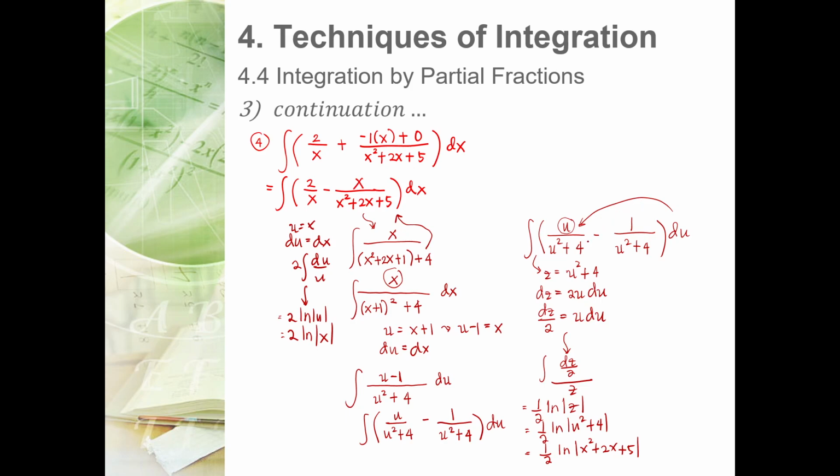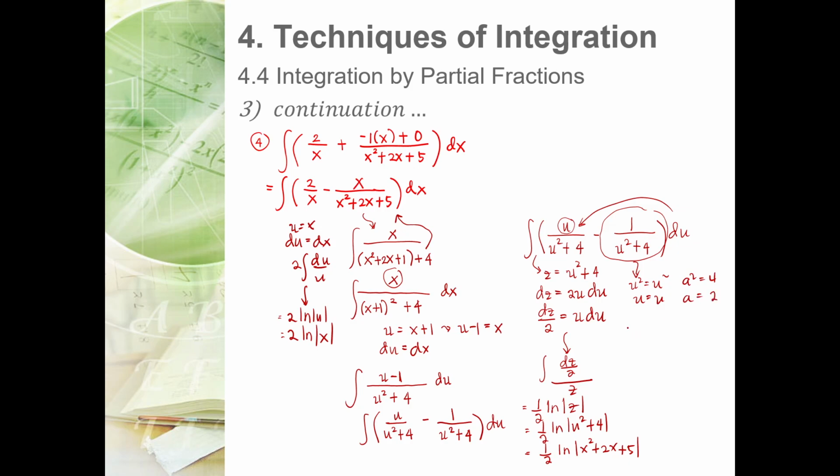Okay, the last term to be solved is this one here. Notice that this one is in inverse trigonometric function format: 1 over u squared plus a squared. This one gives us the arctangent. u squared is u squared, u is u, and a squared is 4, so a is equal to 2.